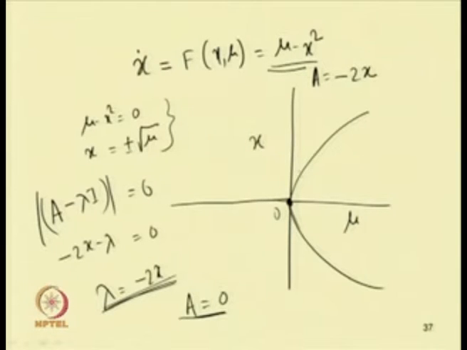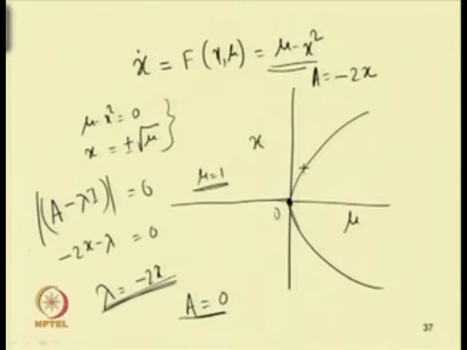For this branch, let us take a point on it, that means mu positive. If mu is positive, then lambda becomes negative, as x equal to root over mu. Let us take mu equal to 1, for example.